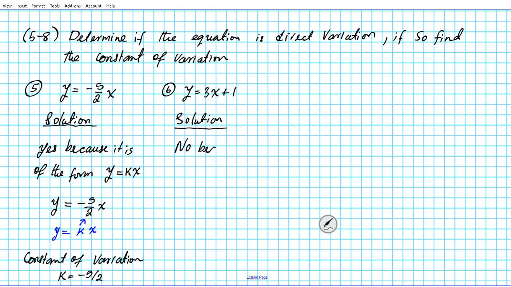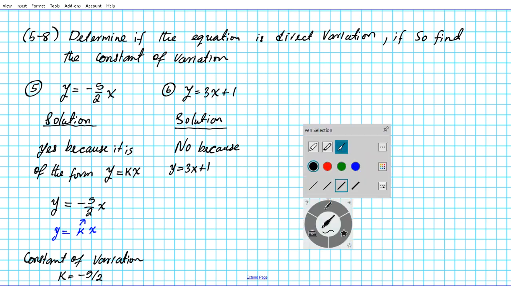It's not a direct variation because y equals 3x plus 1 cannot be written in the y equals kx form. There's nothing you can do to make it that form.